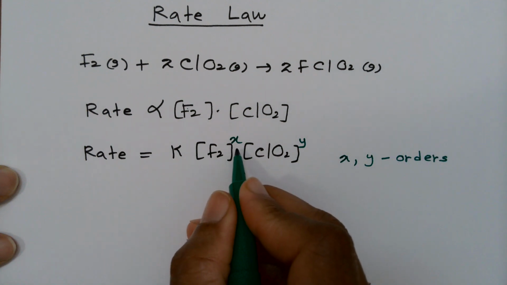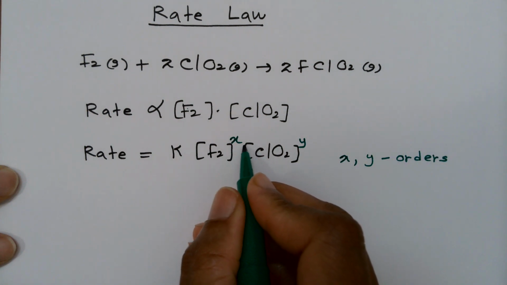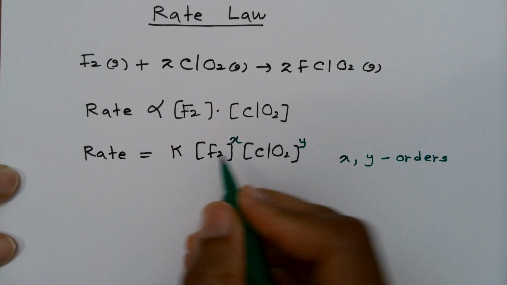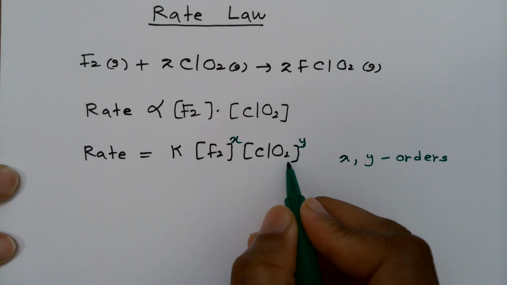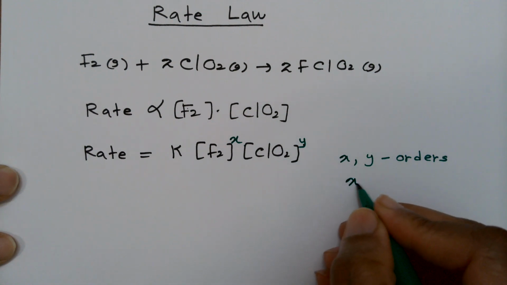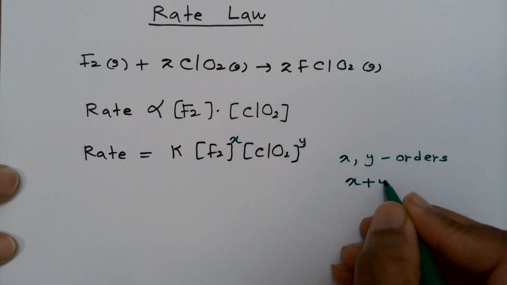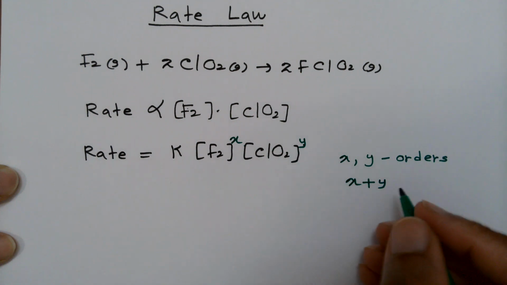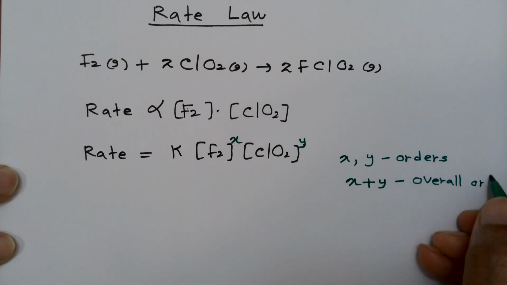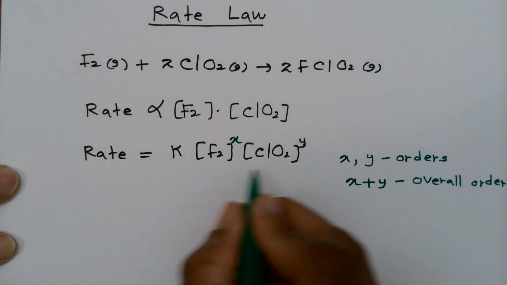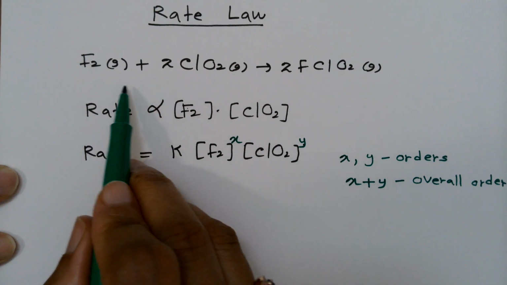This x is the exponent, that is the order of the reaction in terms of F2, and the y exponent is the order of this reaction in terms of ClO2. And if we add all the exponents of the reactants together, here x plus y, we call it the overall order for this chemical reaction.